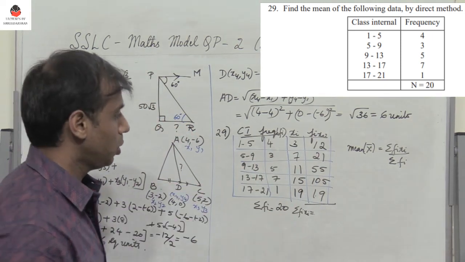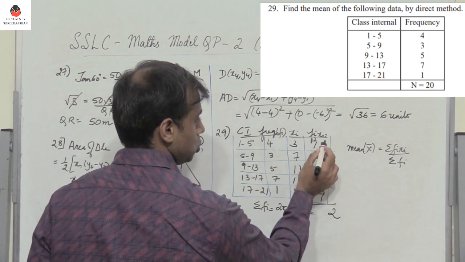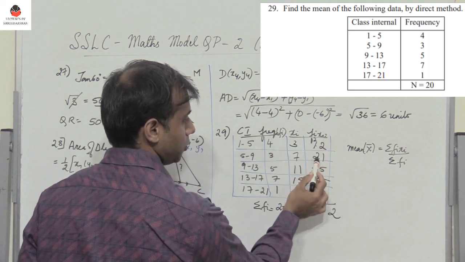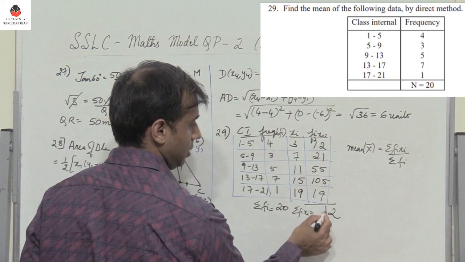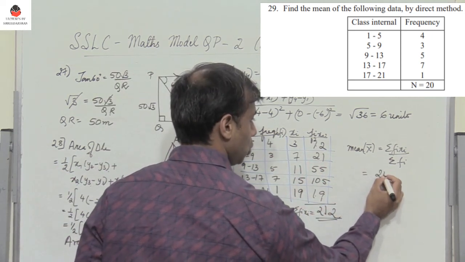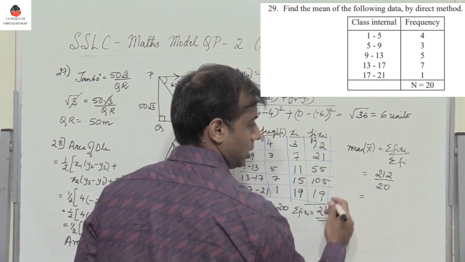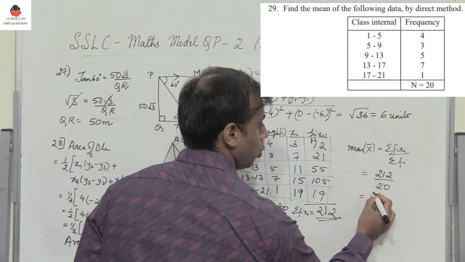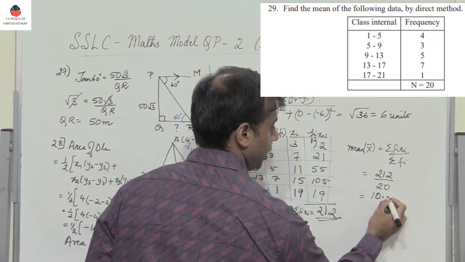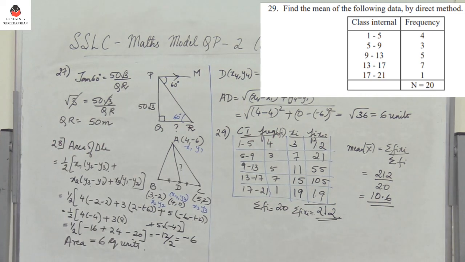So when I sum up all of them, I get 212. So therefore the mean is 212 divided by 20. So you get the value as 10.6. So the mean is 10.6.